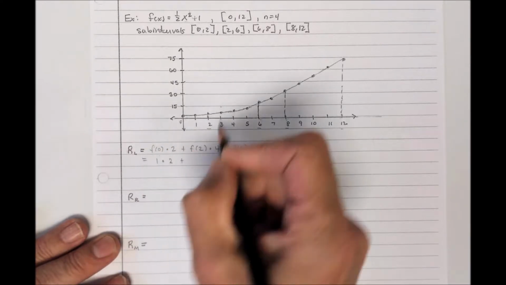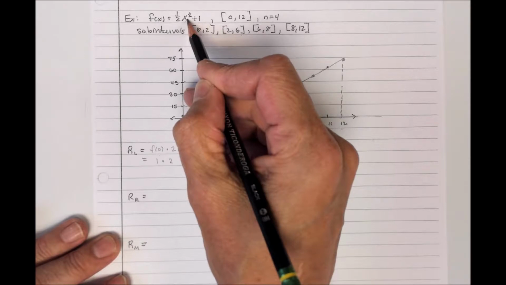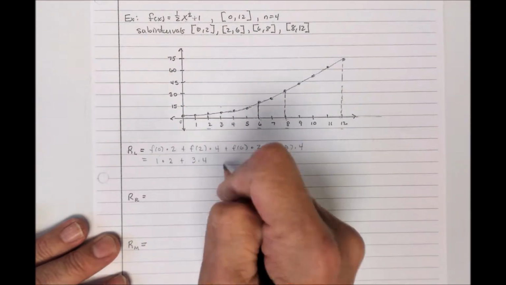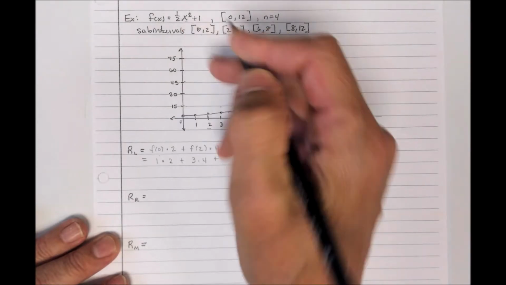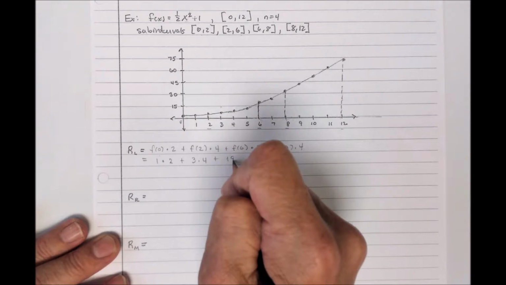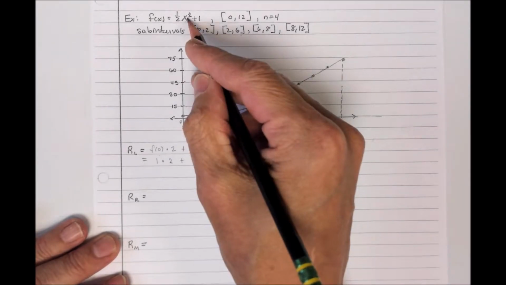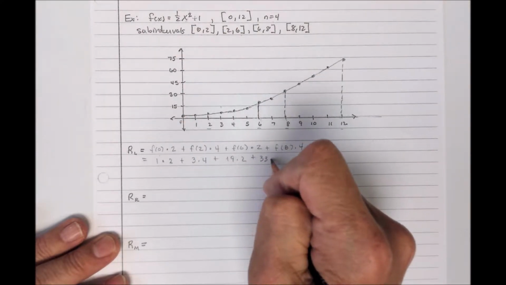F of 2: 2 squared is 4, times a half is 2, plus 1 is 3, so this is 3 times 4. F of 6: 6 squared is 36, half of that is 18, plus 1 is 19, times 2. And then f of 8: 64, half of that is 32, plus 1 is 33, times 4.